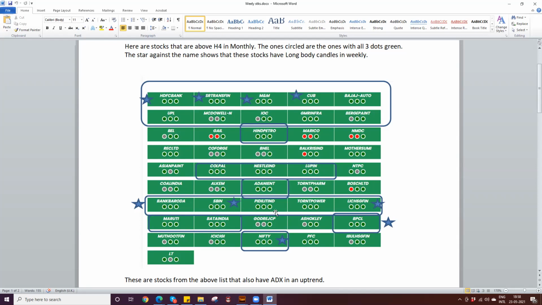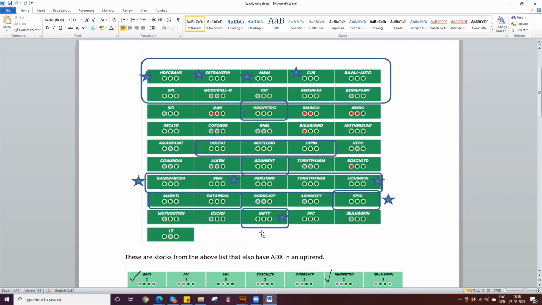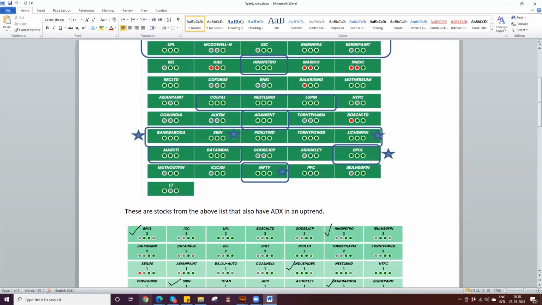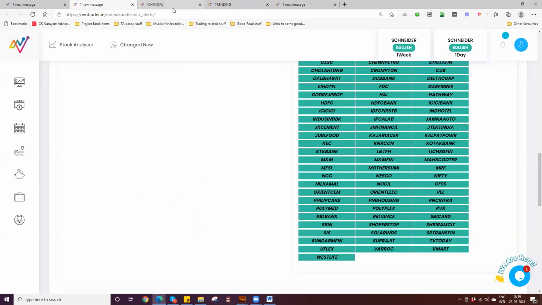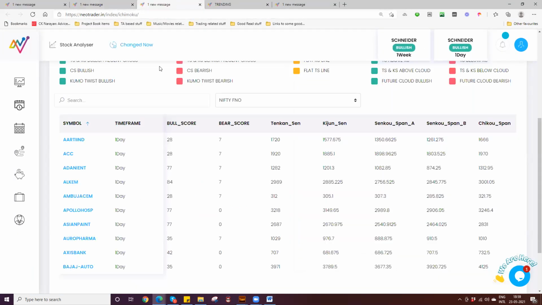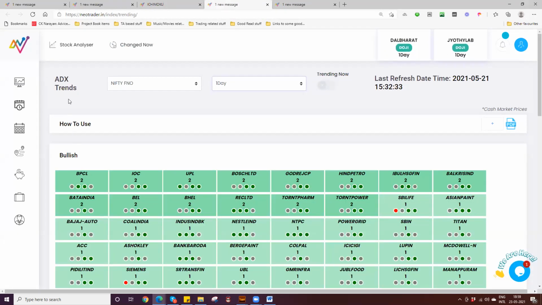So now we came down to these names, and then we go on to check the ADX in an uptrend, right? So the third page you need to go to on your NeoTrader screen is the ADX trends. On ADX trends, I must choose the time frame as 1 day.